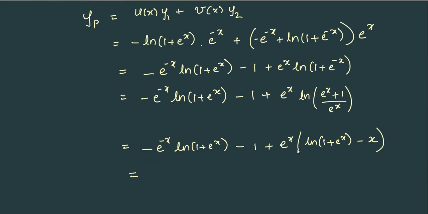Okay. So I simplify this. I get e power x minus e power minus x times log of 1 plus e power x. Then minus x e power x minus 1. This is your particular integral.